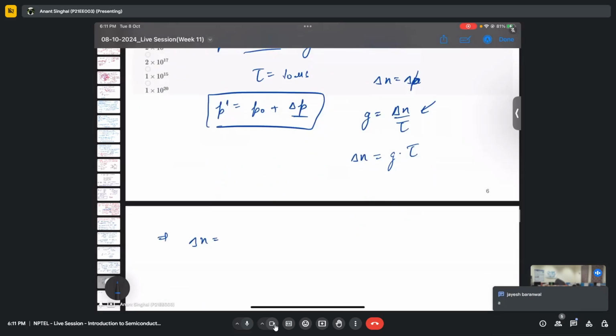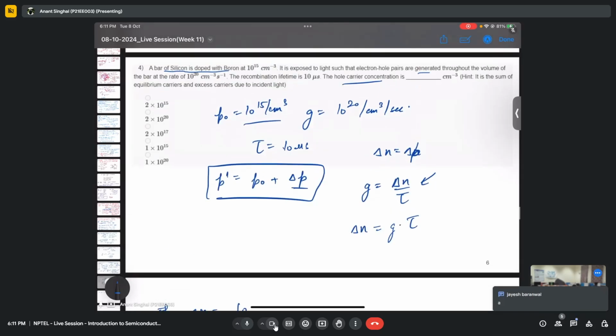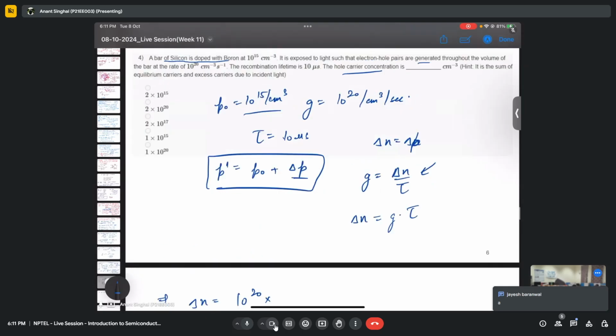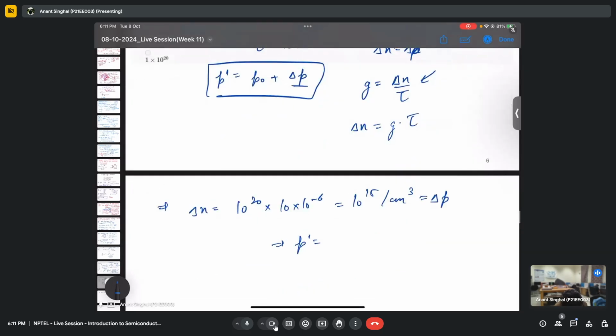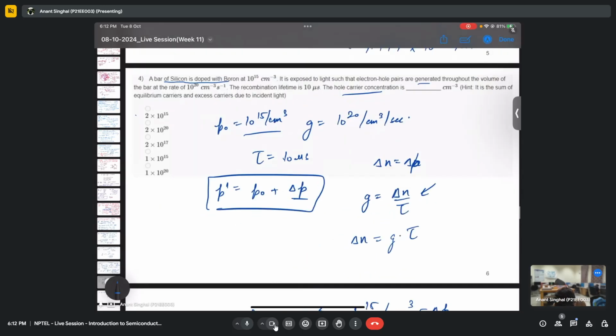G is directly given, 10 raised to power 20, and tau is 10 microseconds, so 10 into 10 raised to power minus 6, so 20 minus 5, this is 10 raised to 15. So this will be equal to the excess holes. P naught is also given, right? 10 raised to 15 plus 10 raised to 15. So this is 2 times 10 raised to 15 per centimeter cube. It is fine.